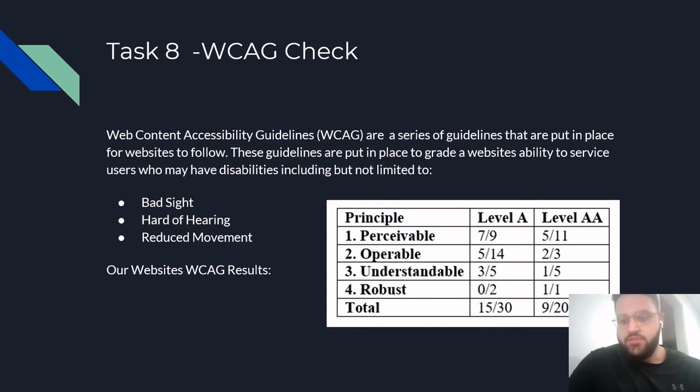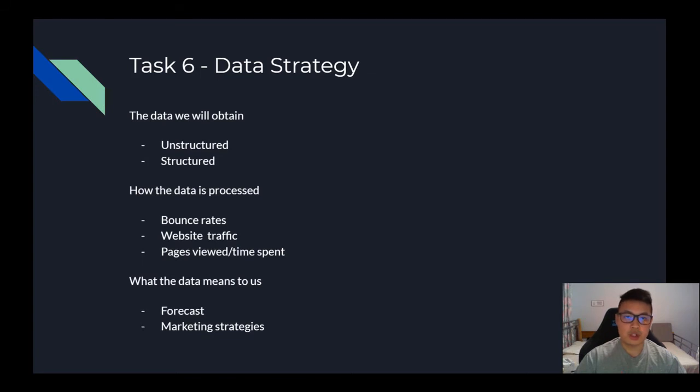Understandable level A is 3 out of 5 and 1 out of 5 for level AA. As for robust, on level A it's 0 out of 2, but on level AA it's 1 out of 1. So in total, for level A we're 15 out of 30, and for level AA we are 9 out of 20. Moving on to our data strategy.